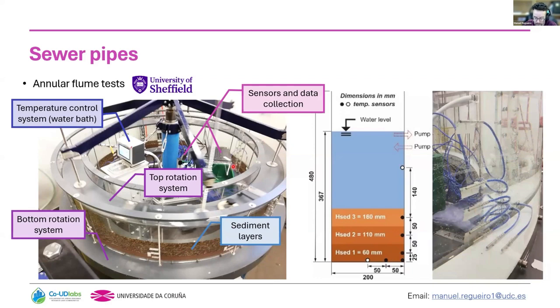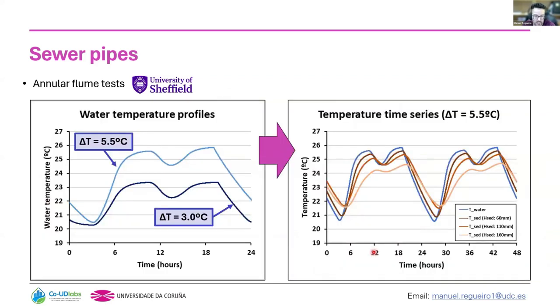Because we could simulate the flow conditions with different flow velocities and, as I mentioned, different sediment layers. Basically, we installed different sensors in the cross sections, trying different sediment depths. Again, we focused on the sensors in the water and at the bottom for this case study.